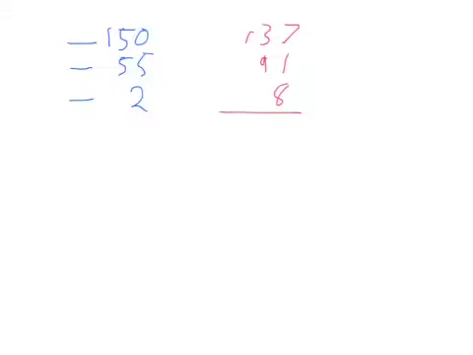So we went down by 150, we went down by 55, we went down by 2, we went up by 137, we went up by 91, and we went up by 8. I've chosen to separate the decreases and the increases. You could put them all together.